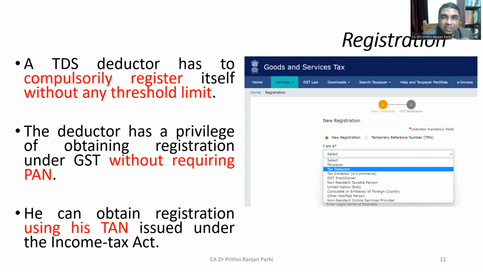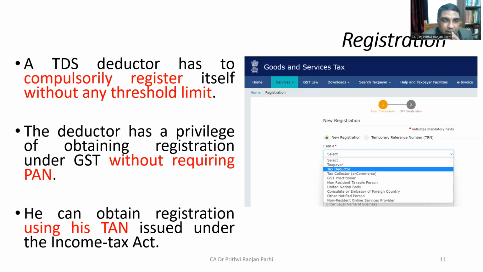Normally under GST law there is a registration limit, beyond which, when the value of supply exceeds it, you are required to register. State specific limits are there, some states 40 lakh, some 20 lakh. But if TDS liability is there under GST law, there is no threshold limit. The DDOs of the tax deductor are required to get their entities registered under GST law.